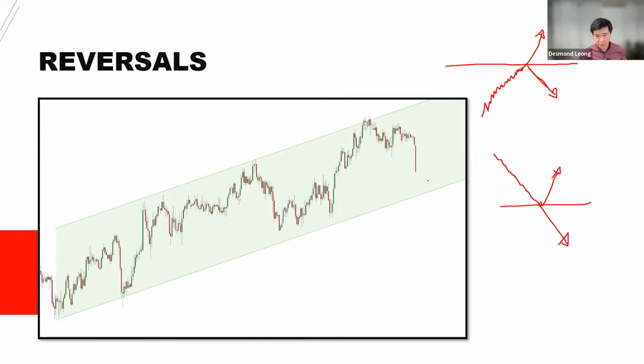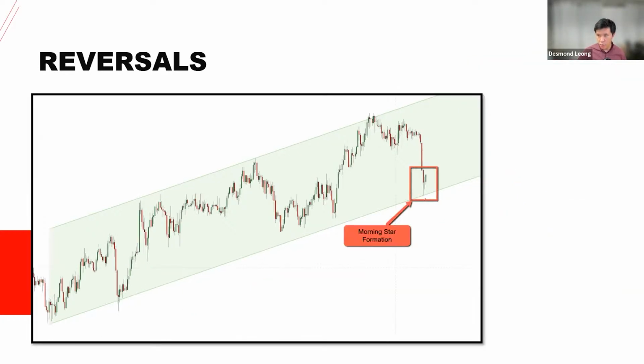So we have a channel over here. In this example, we have a nice little bullish channel going upwards. Price drops very strongly over here, all the way to here, and it forms a morning star formation. A morning star formation means there's a bearish candle, a nice little star, and then a bullish candle.